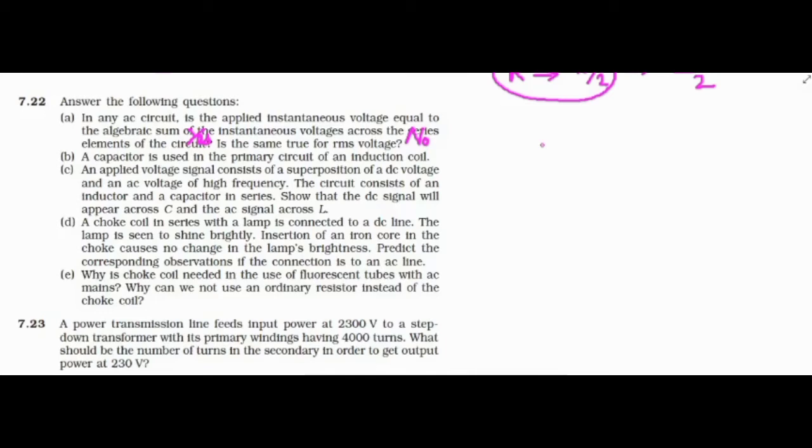The current becomes suddenly zero, and it's a coil. So when the current becomes suddenly zero, a very strong induced EMF will be produced, and that very strong induced EMF will produce a spark between the terminals.